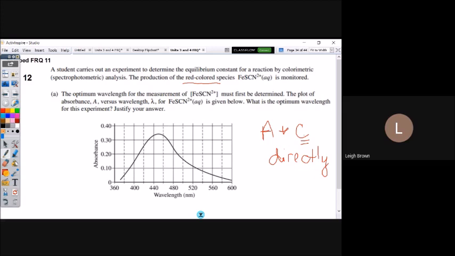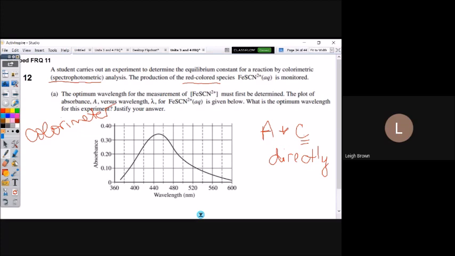Now, before we do a lab that deals with a spectrophotometer, you might have used a colorimeter in your lab, or maybe both. But we have to tell the instrument what wavelength of light the solution will absorb best, and that depends on what color it is.